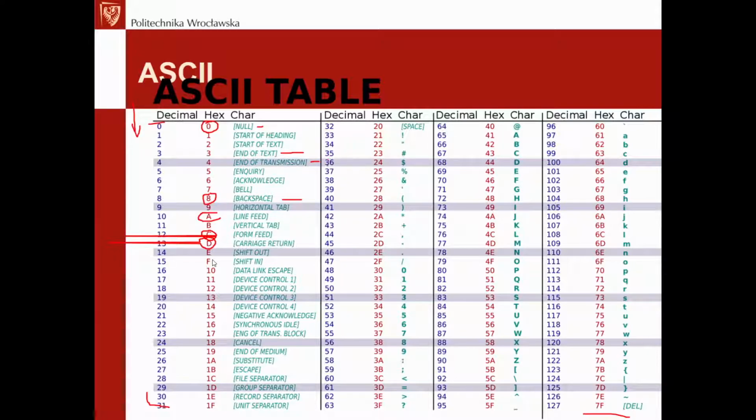Then we have the second part. In the second part of the table, we've got various symbols. Those symbols are available from 20 to 2F hexadecimally, or from 32 to 47 decimally. So these are various symbols like space, like exclamation mark, and so on. You can see the symbols here.